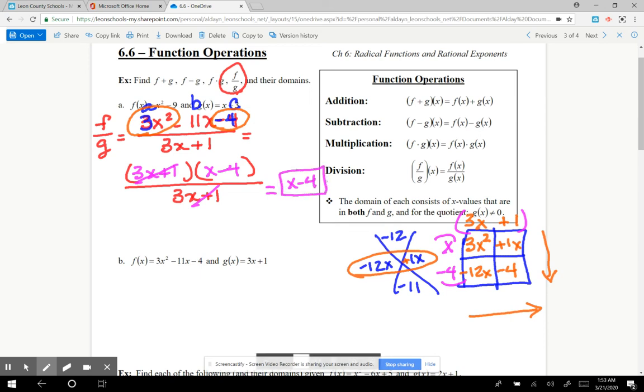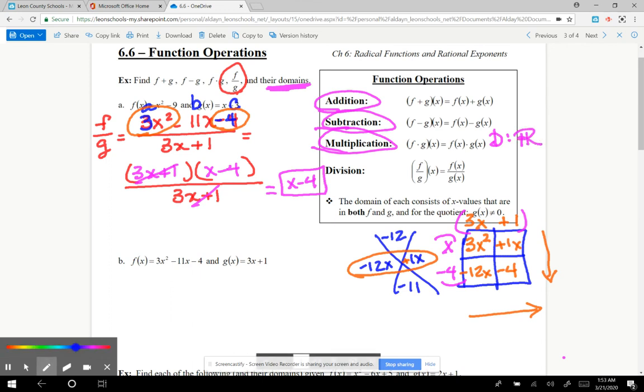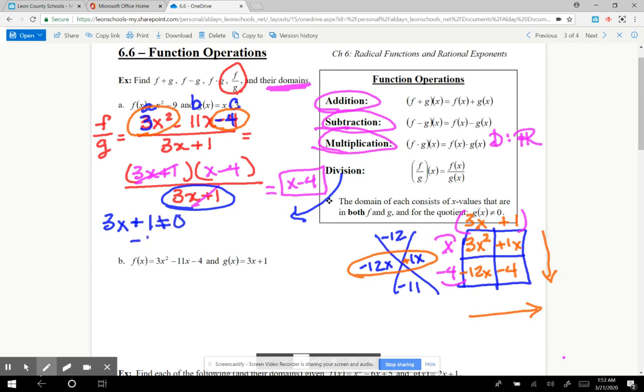But don't forget, you have to go back, and they said, what are the domains? The domains for the addition, subtraction, and multiplication is all real numbers. But for division, it's going to be something different. For division, you have to take your denominator and you have to say that it cannot equal 0. So you have to solve, subtract 1 from both sides.